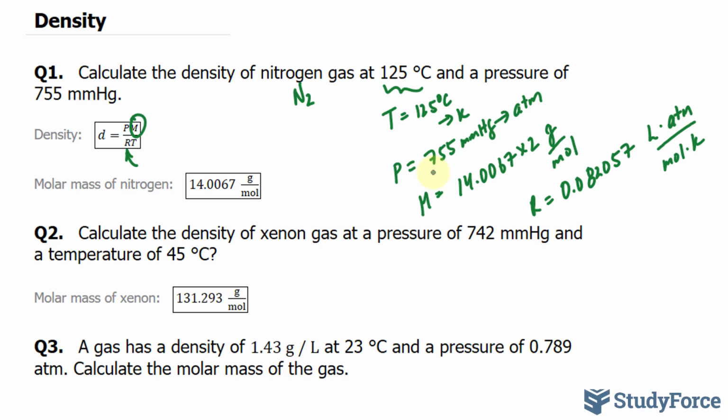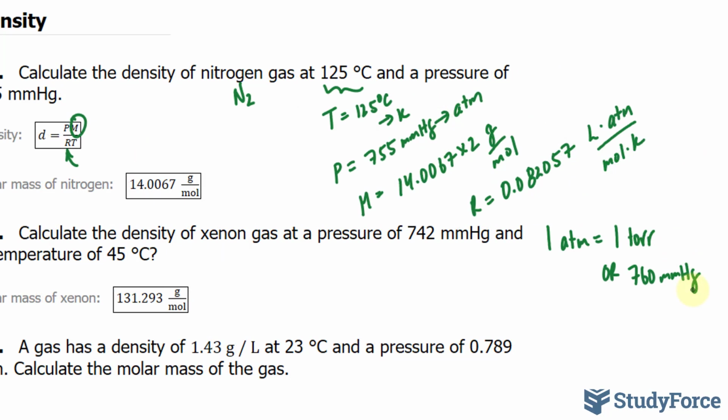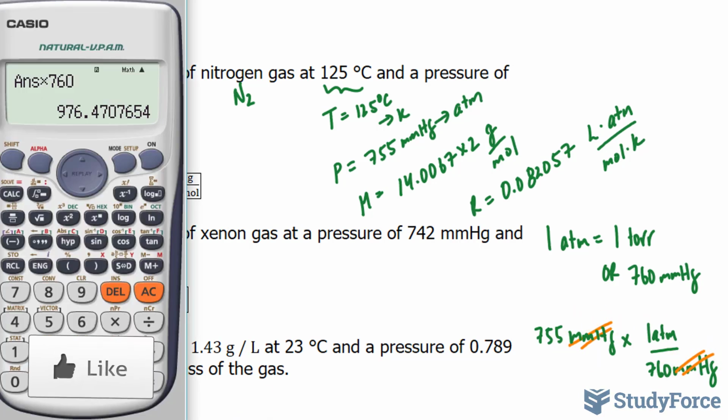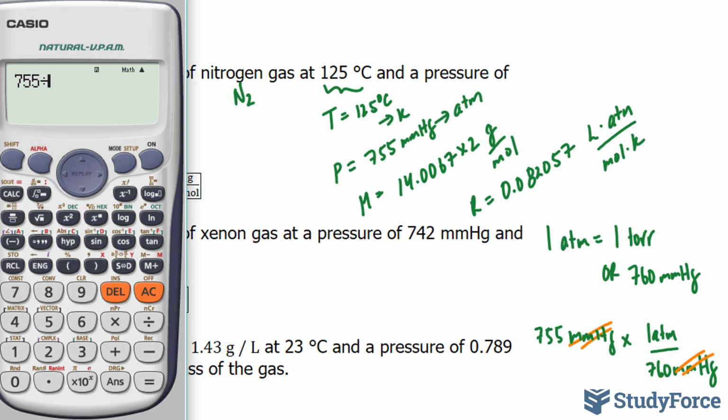And the conversion ratio is 1 atmosphere is equal to 760 mmHg. So if I take my number of 755 mmHg and multiply it by 1 atmosphere over 760 mmHg, this unit and this unit will cancel out, and we can use our calculator. 755 divided by 760.